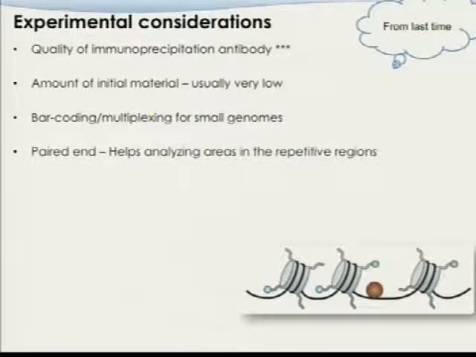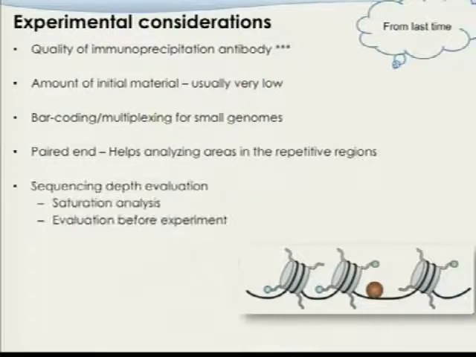And sometimes people consider paired ends, and that will help to analyze areas in the repetitive regions. If you study a transcription factor, it may not be very useful sometimes. But if you are studying some chromatin markers, that is more preferably in the repetitive regions, it probably will help you a lot.